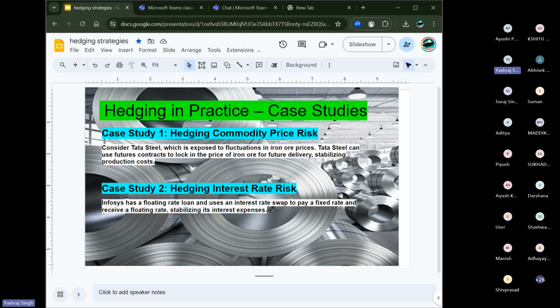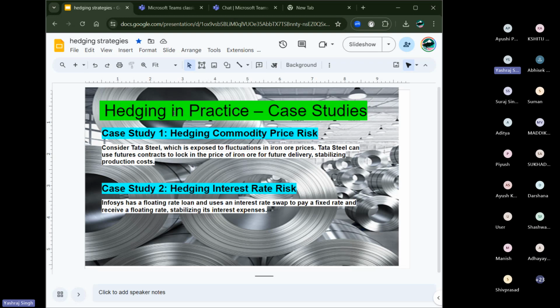Now, for example, if they have a contract in which they bought iron ore in bulk at around 100 rupees per kg, because commodities are so volatile, this 100 rupees can go up to, let's say, 300 rupees in a few weeks, right? But will Tata Steel be able to increase the prices of their products by 3 times in a few weeks? They will not be able to do that, because they have to stay competitive in the markets, right?